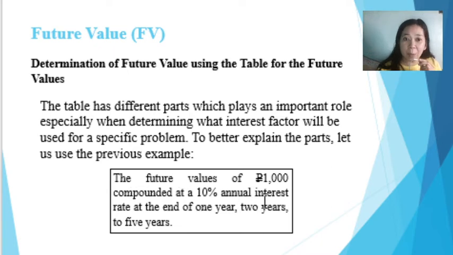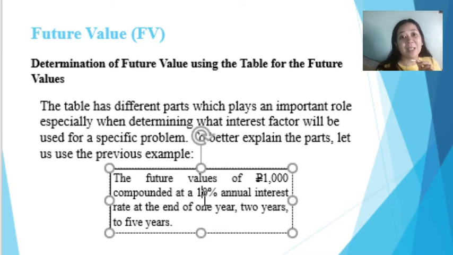the future value of 1,000 compounded at 10% annual interest rate at the end of 1 year, 2 years, up to 5 years. Meaning to say, we will solve for the future value of 1,000 for 5 years, with 10% annual interest.